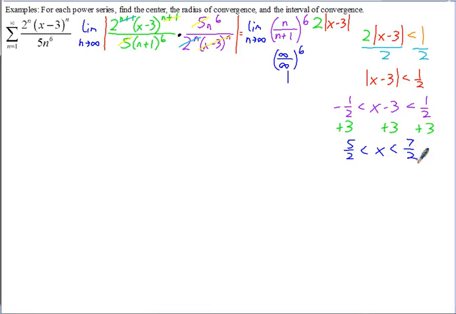So there's our interval, but again, we have to figure out at 7 over 2 and 5 over 2, should those be parentheses or brackets? Do those converge at those points or not? So let's go back to our original, substitute those in, one at a time. So we'll substitute in for x. So if we plug in 7 over 2, well, that's 7 over 2 minus 3, which is 6 over 2, is going to be 1/2.